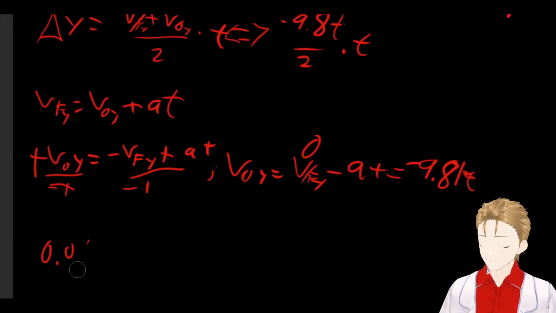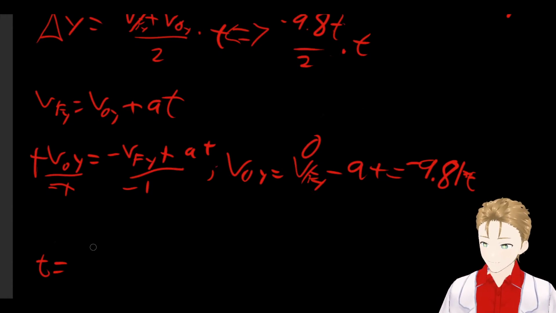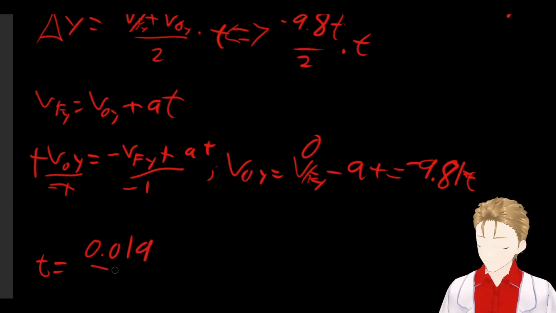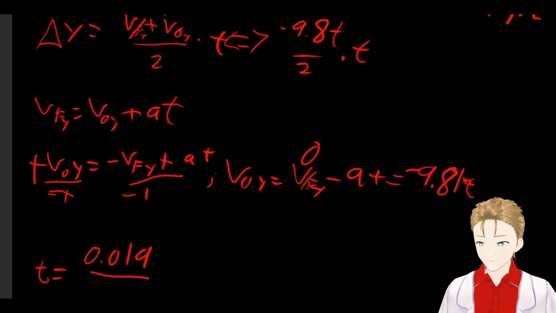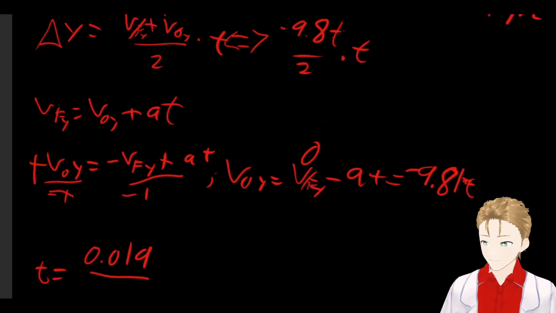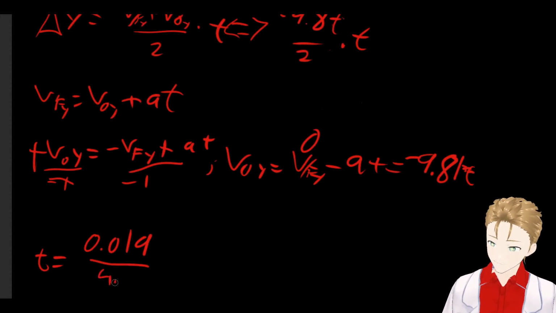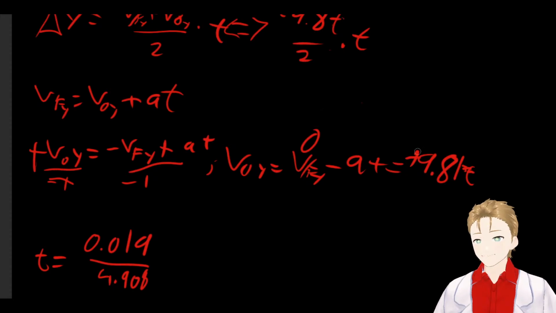Skipping some steps just to speed this up. t is equal to 0.019 all over... That might not actually be allowed. I'll cross that bridge when I come to it. Wait, oh wait, because it's double negative, it's positive.